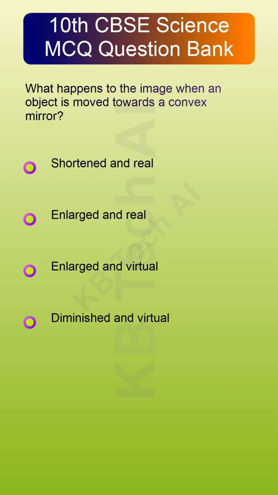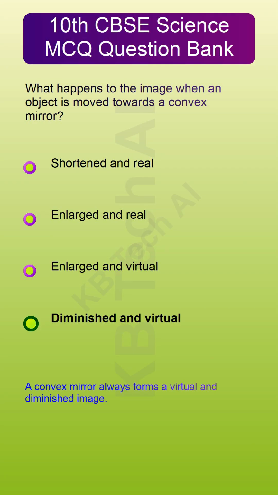What happens to the image when an object is moved towards a convex mirror? Option 1, shortened and real, Option 2, enlarged and real, Option 3, enlarged and virtual, Option 4, diminished and virtual. The answer is, Option 4, diminished and virtual.